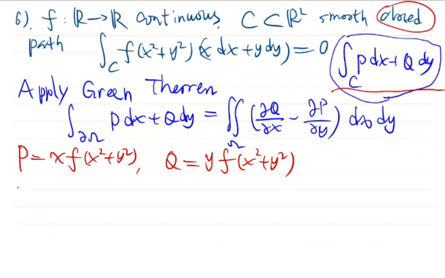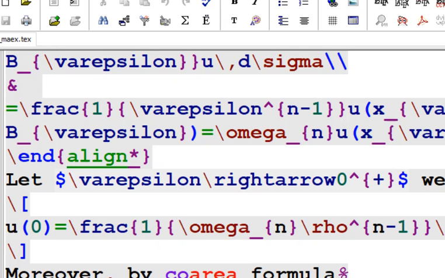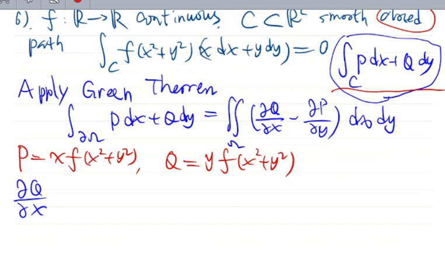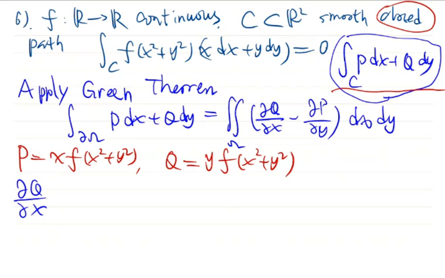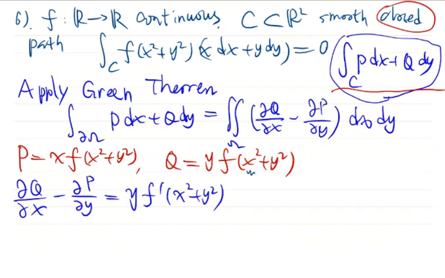Therefore, what is qx minus py? The derivative of q with respect to x is y f prime of x squared plus y squared, multiplied by the partial derivative of x squared plus y squared with respect to x, that is 2x.